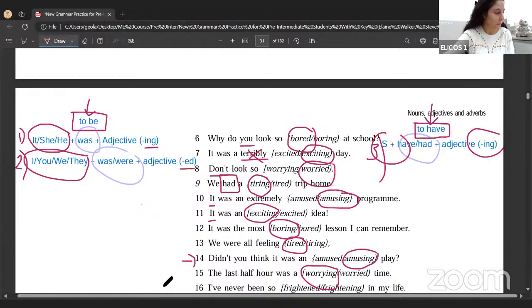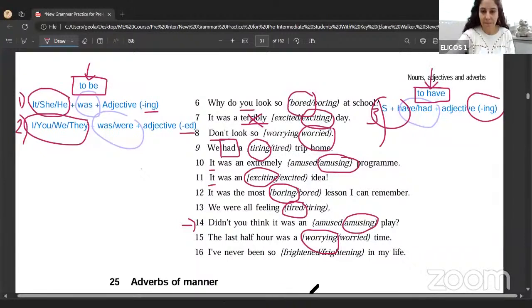16. I have never been so frightened in my life. Yes, I've never been so frightened. That comes from the verb to have. So we're looking at here, I have, never.